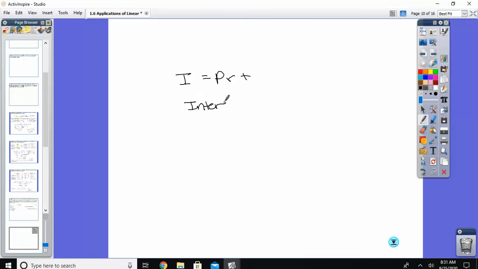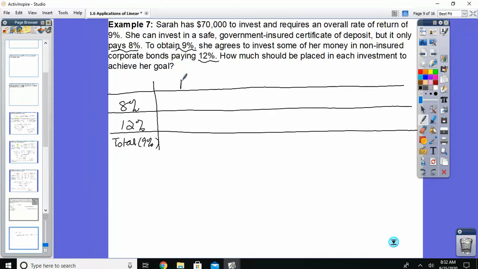Interest is equal to the principal times the rate times your time. Okay, so we're going to use that formula here. So I'm going to do a P times R times T equals I. I want my I at the end.